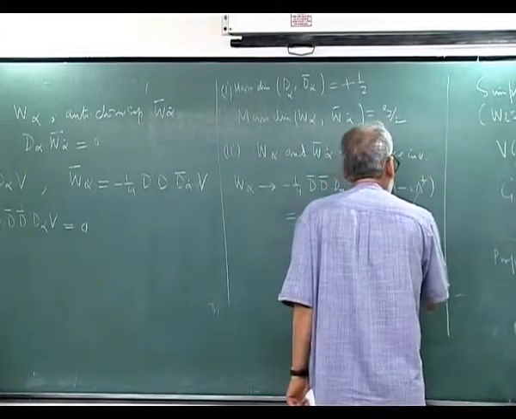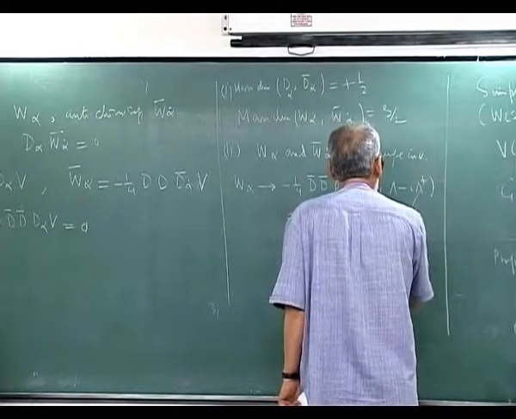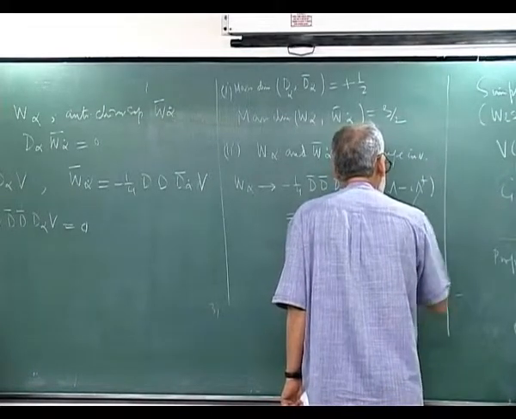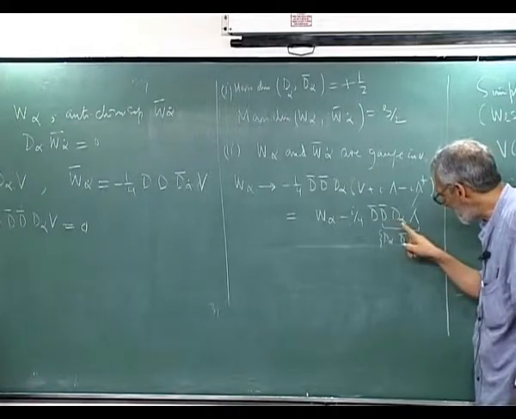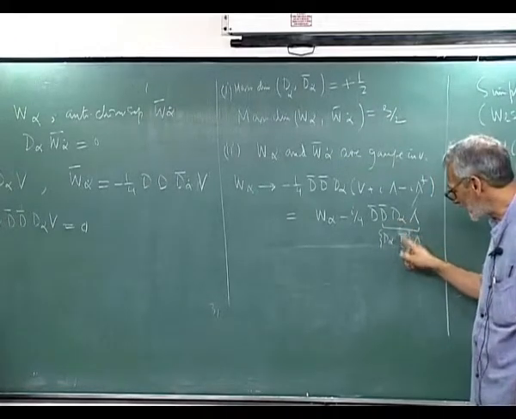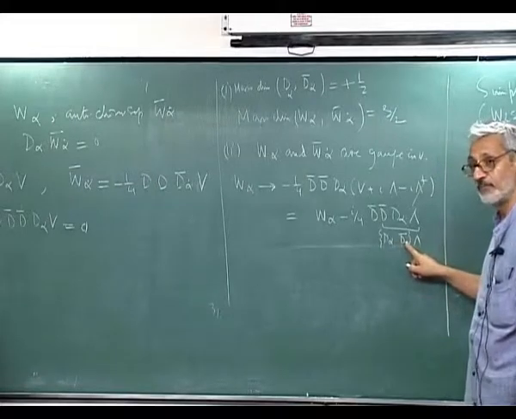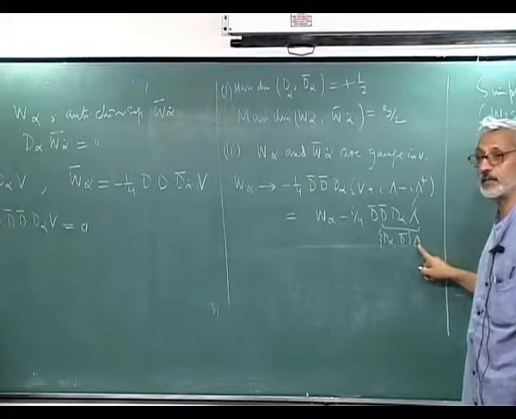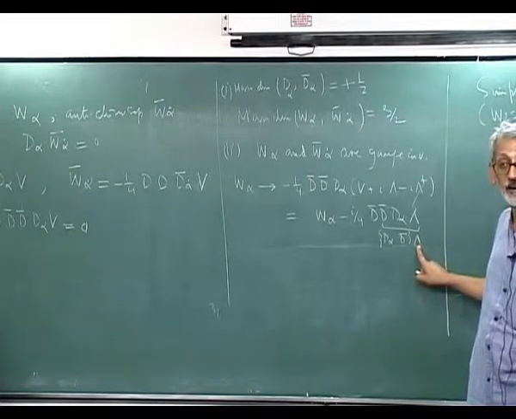Now this, I can write D bar D alpha as a commutator of D alpha D bar, because D bar acting on lambda is 0 because lambda is chiral. Clear?